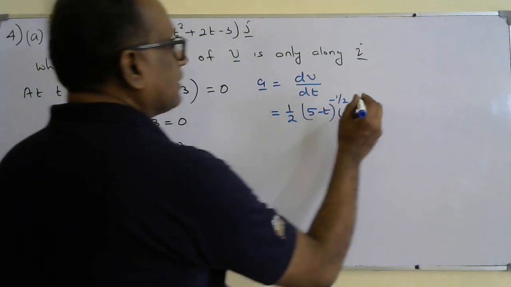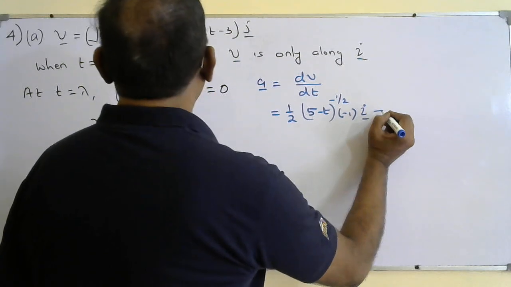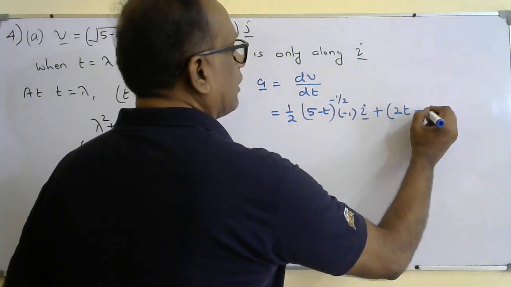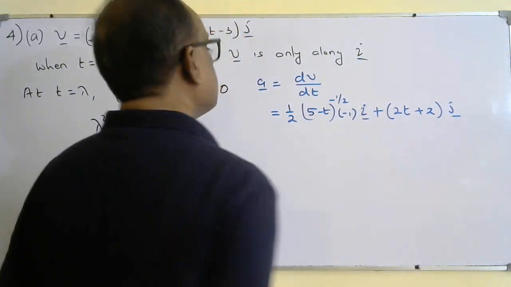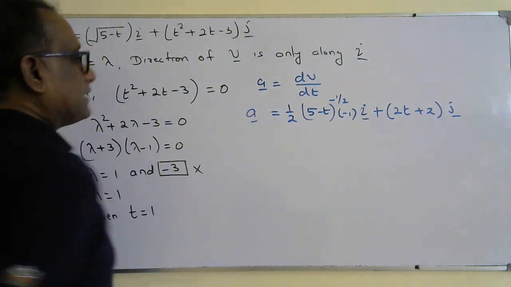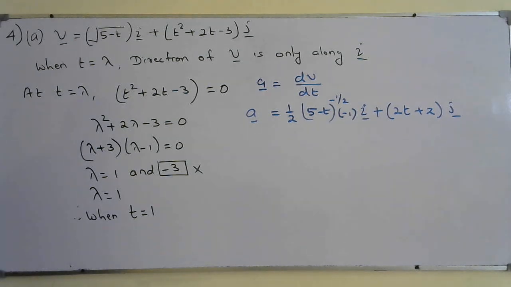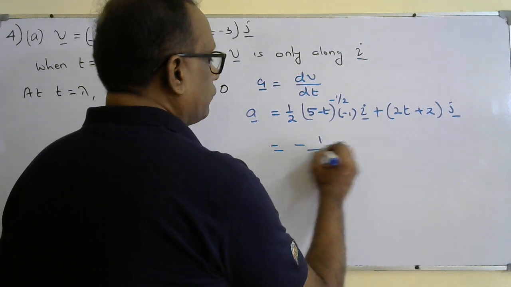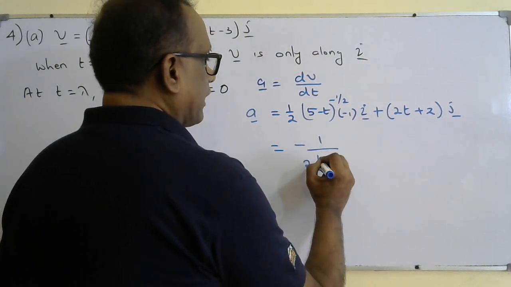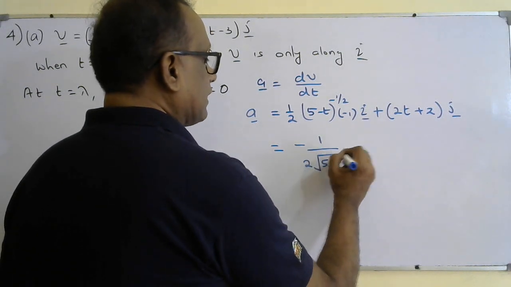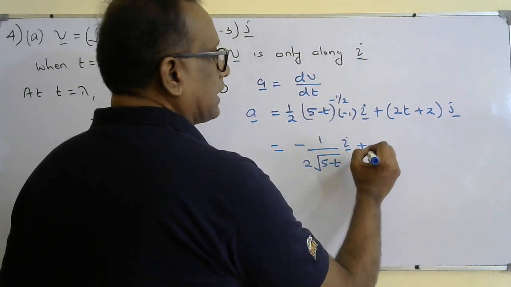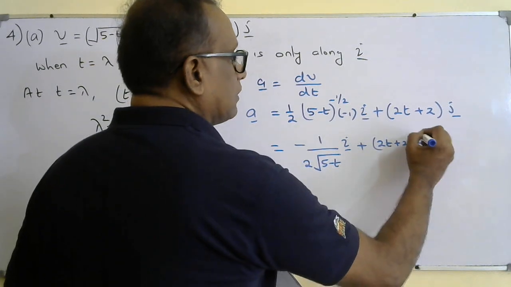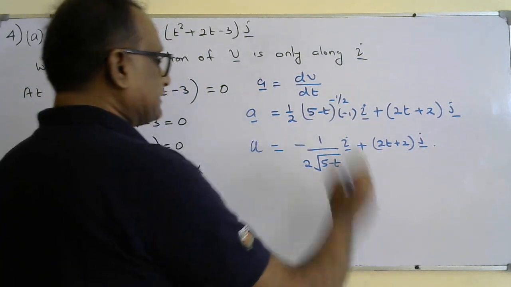That is i, plus 2t plus 2 j. This is the acceleration vector. If I want, I can solve it further. It will become minus 1 over 2 square root of 5 minus t i plus 2t plus 2 j is the acceleration vector.